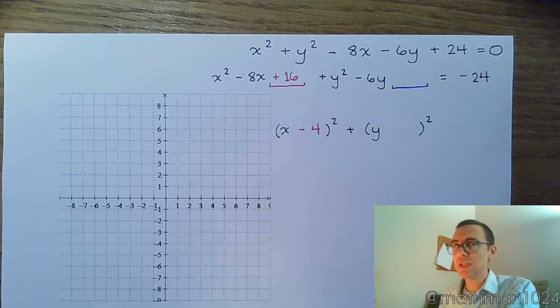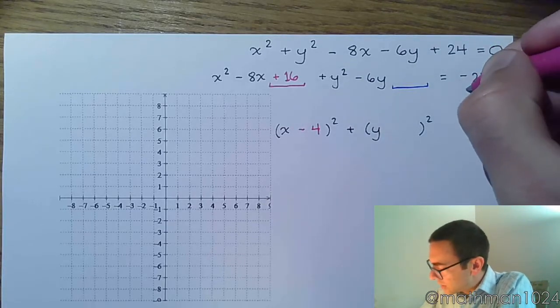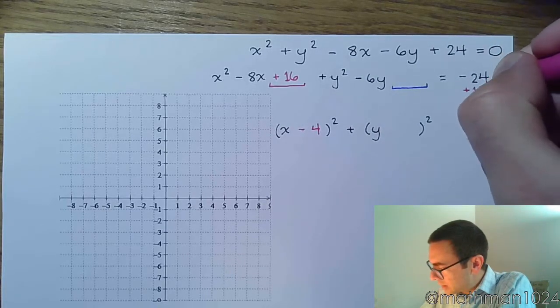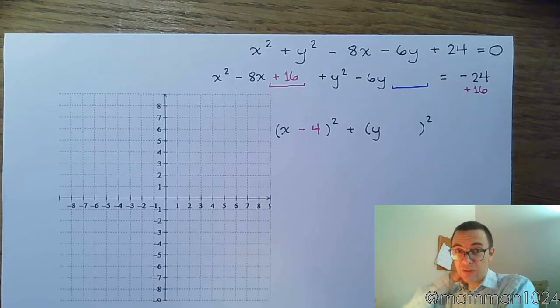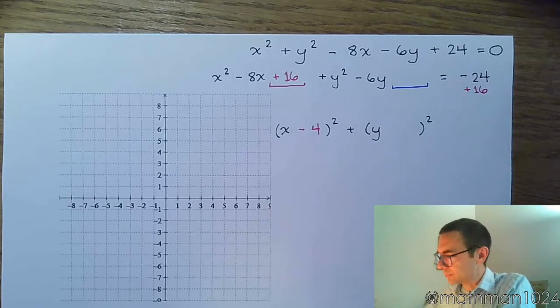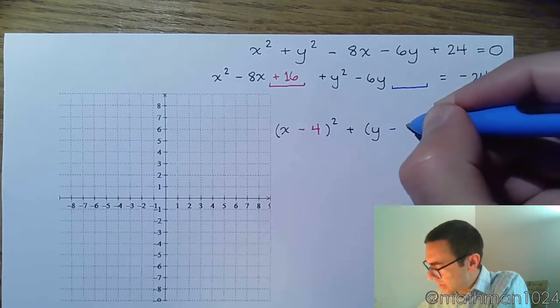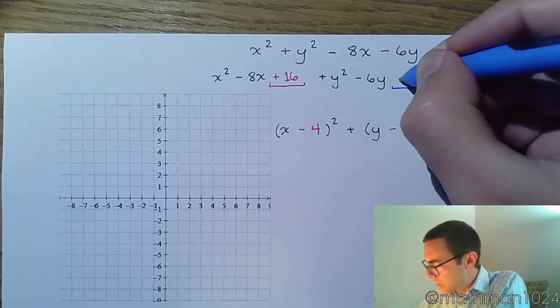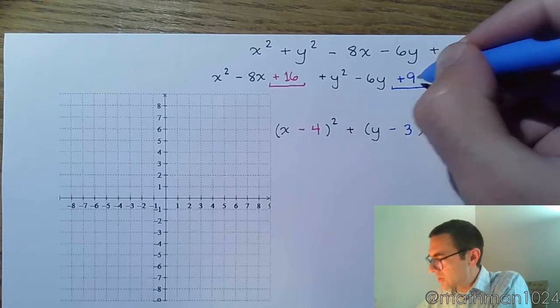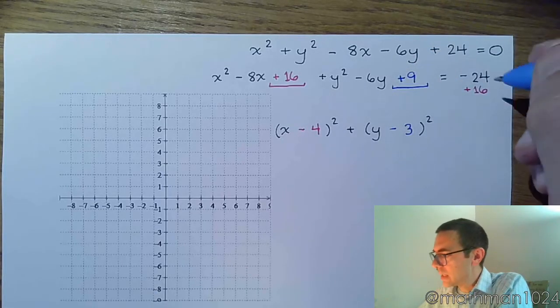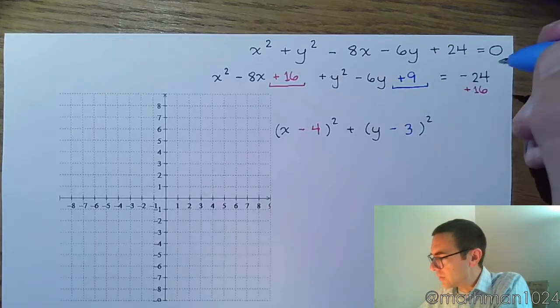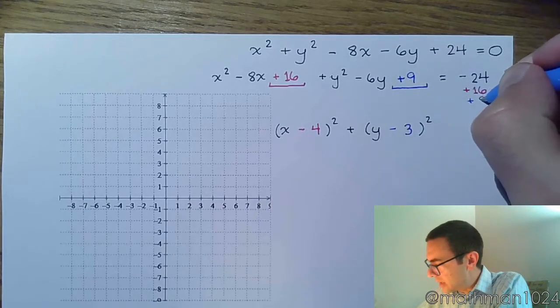But I added 16 in pink on the left, so I need to add 16 in pink on the right. Otherwise, I've lost balance in my equation. For the y's, do half of negative 6, so that's negative 3. Negative 3 squared is positive 9. So just like we had for the x's in pink, for the y's in blue, if I add 9 on the left, I must add 9 on the right.